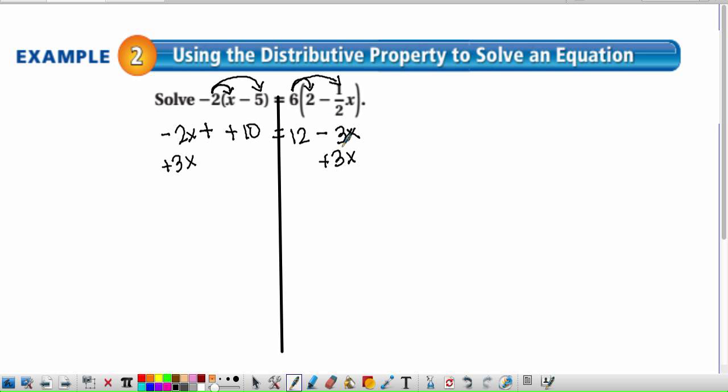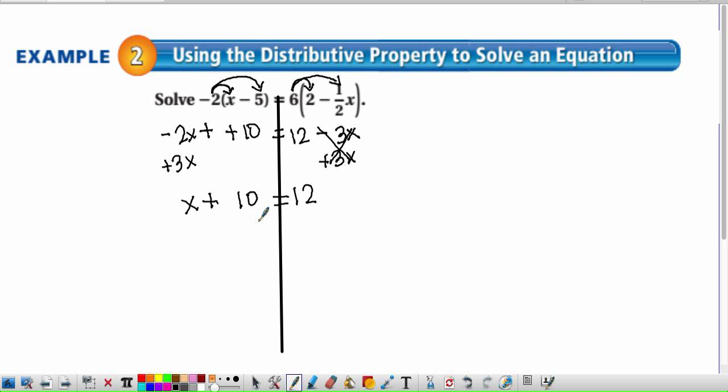Negative 3x plus 3x cancels out. It goes to 0, and so we're left with just the 12. So we bring our 12 down, and we bring our equal sign down. Negative 2x plus 3x is 1x, so we just bring that x down. We bring our plus sign down, and we still have this positive 10.